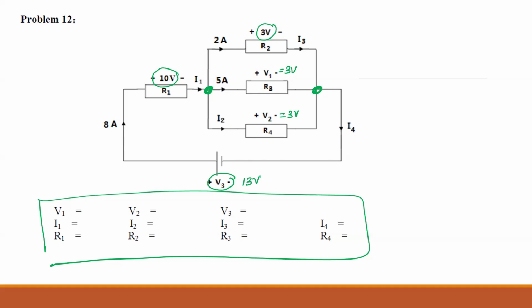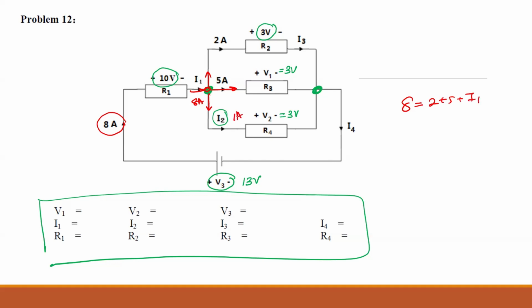Okay, now you can find the resistors very easily. Before that, the current I2 should be what? 8 amps coming into this node, 8 coming in. 2 going up, 5 going this way. And what should be the I2? It's a sum of the incoming, which is 8. So it should be 1, which is 1 amp.